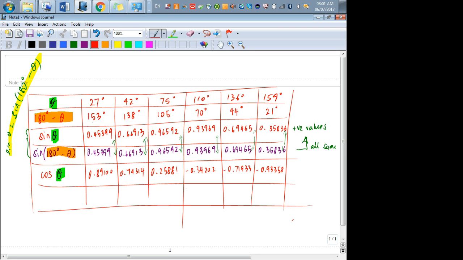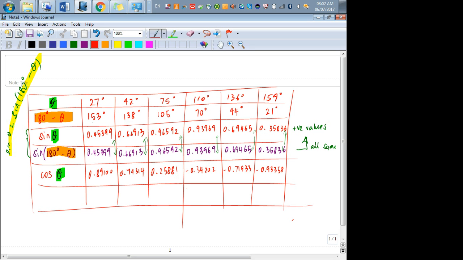Who needs more time? Raise your hand. How many more do you have? 3 more, hurry up. For those who are done, I want you to compare your answers for cosine theta. Do you notice that they are no longer just positive values?